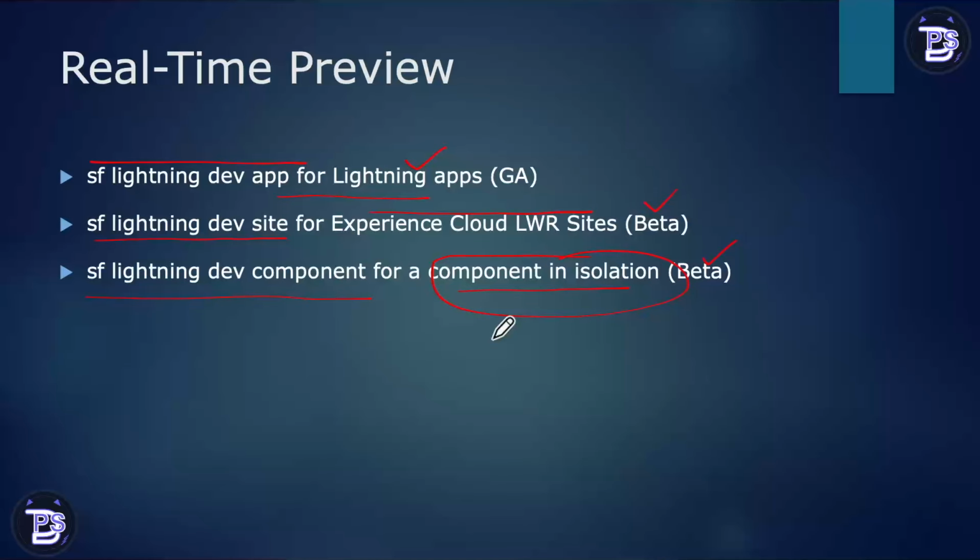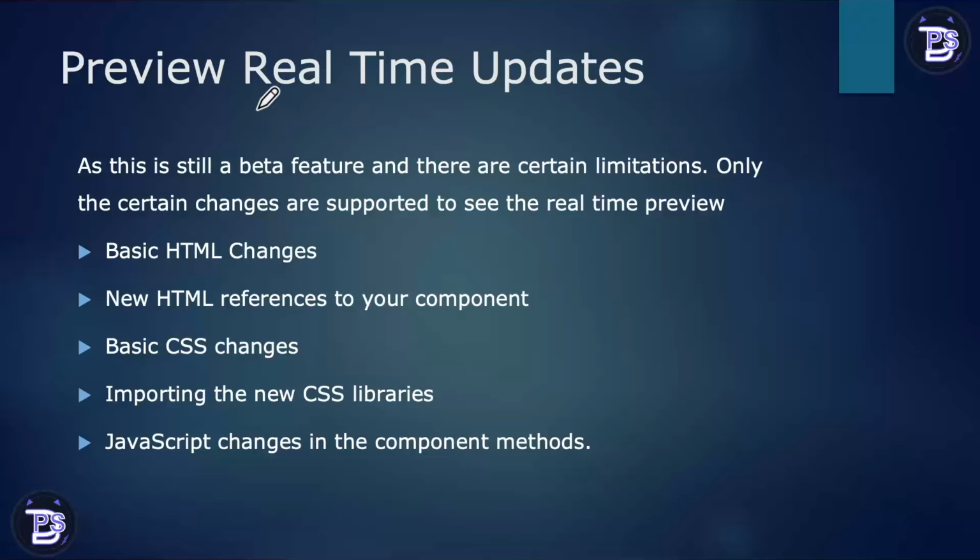As I said, some of the changes you might want to deploy to the Salesforce org, and then you can preview in real time. There are only certain changes which you can see in real time: basic HTML changes, adding new references to your HTML, basic CSS changes, importing a new CSS library, or utilizing JavaScript methods.